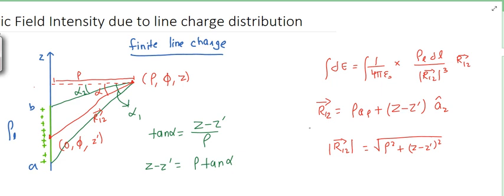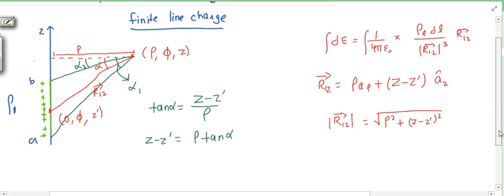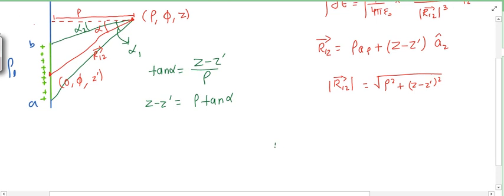Now putting all the values in the formula, here the integration of dE becomes the total electric field, which I will write as E vector.